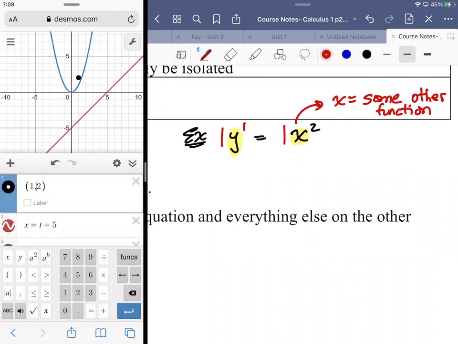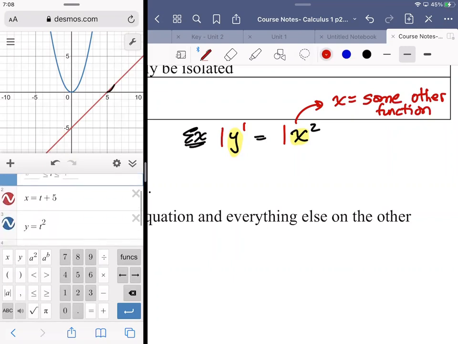If we know that every coordinate is x comma y, we had (1, 2). Instead of the (1, 2), I could say (t plus 5, t squared). The ordered pair would be based off of whatever I'm defining x to be and whatever I'm defining y to be.